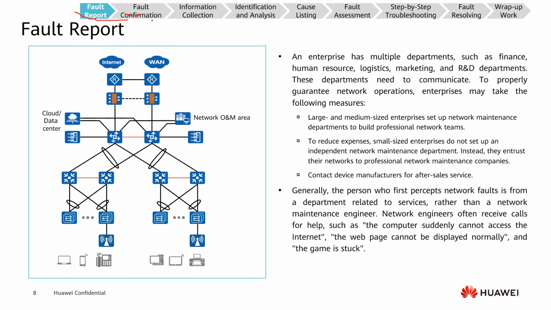So when you receive the report, I recommend you record these things for the reporter: the name, department, position, work content, computer location, and fault frequency. Check whether the fault occurs suddenly or frequently, and the user operation.